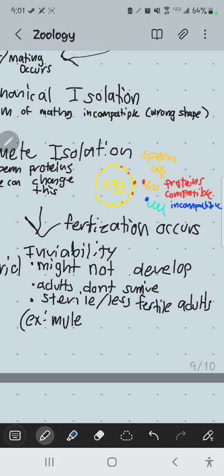So the idea there is when you combine these together and you make a mule, you basically have a 2n number of 63, right? You add 32 and 31, that's 63.